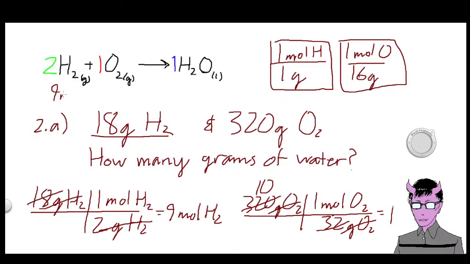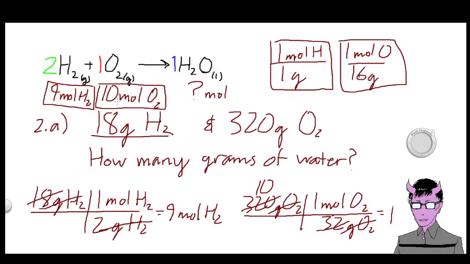We have 9 moles of diatomic hydrogen, and then we have 10 moles of diatomic oxygen. So the question is how many grams of water, but the intermediate question is how many moles of water do we actually generate? So what do we have? We have 9 moles of hydrogen, and 10 moles of oxygen. Those are counting pieces again.